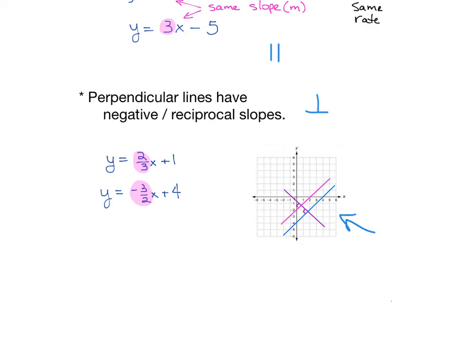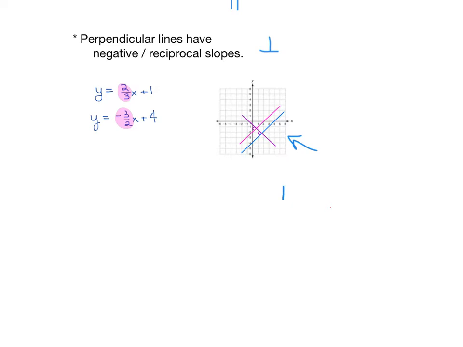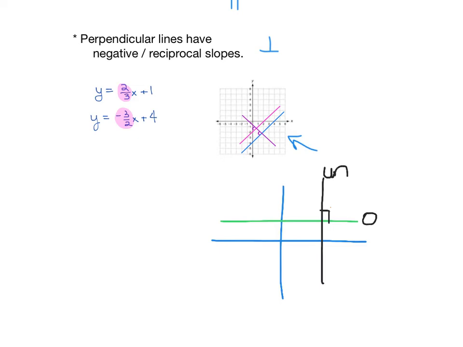So these are the characteristics of parallel and perpendicular. Also remember that when you have a horizontal line and a vertical line, when they intersect, they form perpendicular lines. So when you have a line that has a slope of 0 and a line that has an undefined slope, know together they're perpendicular. They form perpendicular lines.